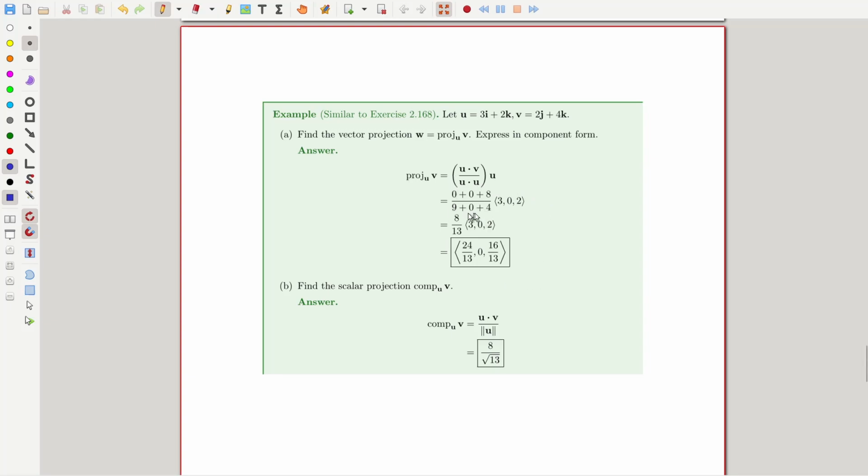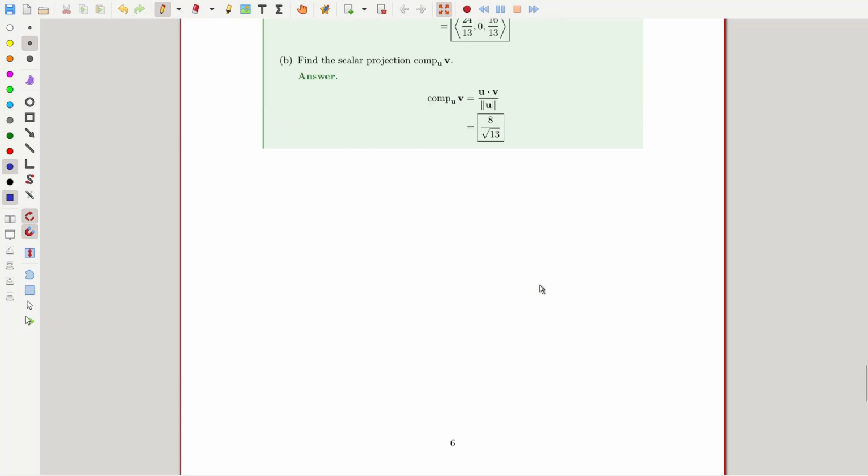So we can just take the square root of that, and we get the square root of 13. Alternatively, since we computed the vector projection, the scalar projection is actually the length of this vector, so you could think of this as taking the magnitude of it, but clearly that's going to be a lot more tedious to do. Okay.